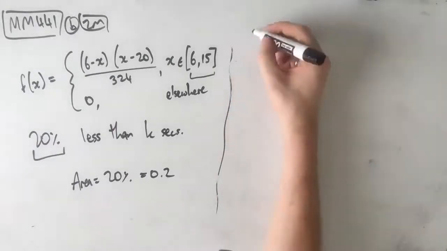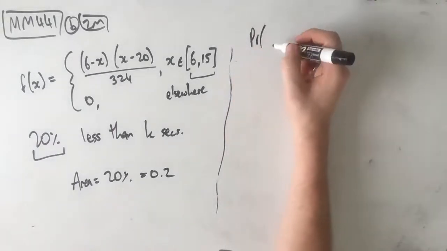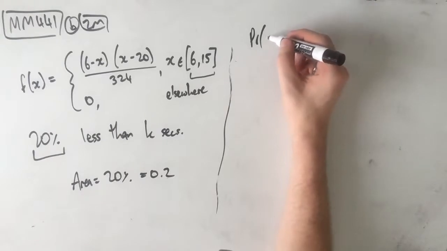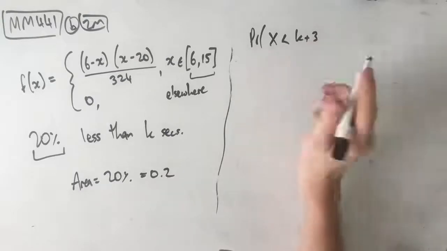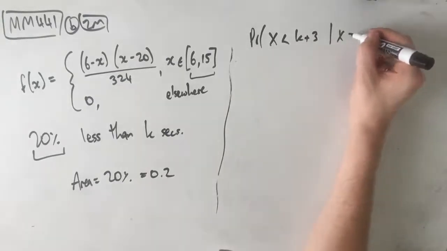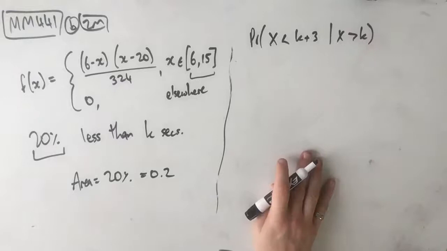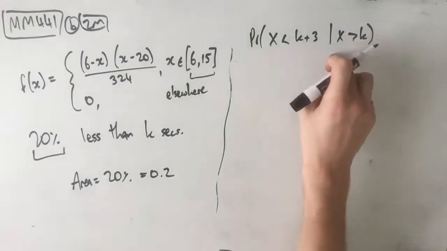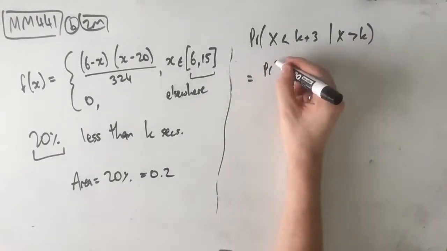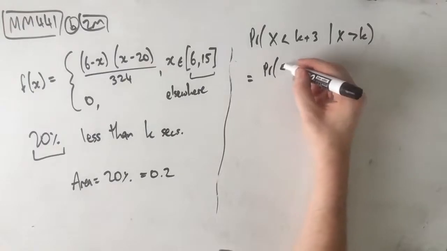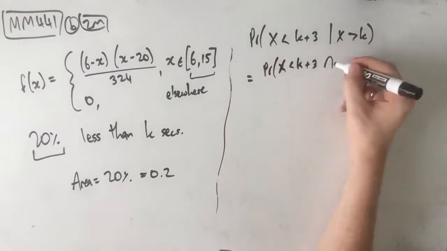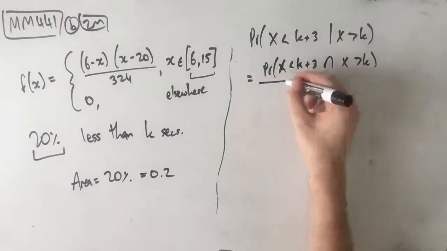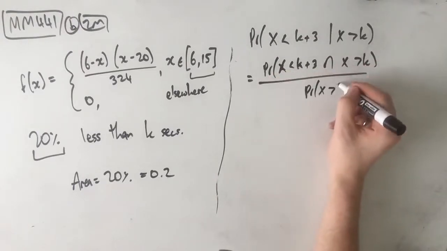Essentially, we're looking for the probability that it takes less than k plus 3, so x is less than k plus 3, given that it takes more than k seconds. As per our given formula, we have the probability that x is less than k plus 3, intersect x is greater than k, over the probability that x is greater than k.